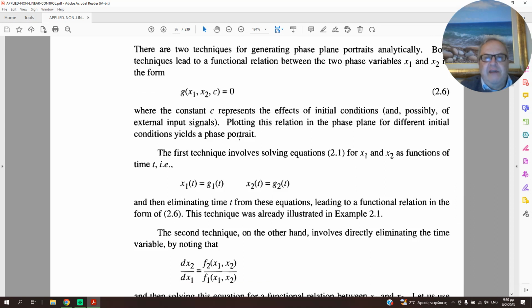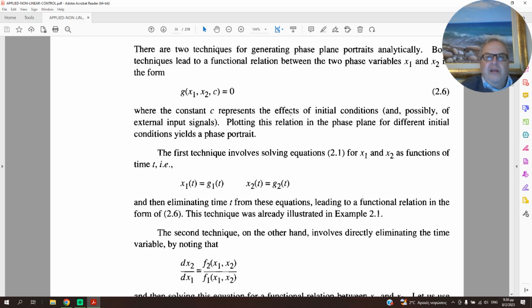The first technique involves solving the equations 2.1 for x1 and x2 as functions of time. So from here you have x1 equal g1(t), x2 equal g2(t), and then eliminating time t from these equations, leading to a functional relation in the form of 2.6.